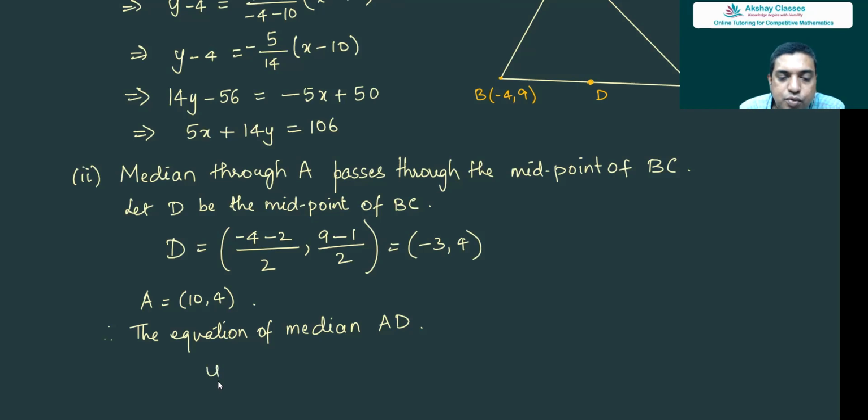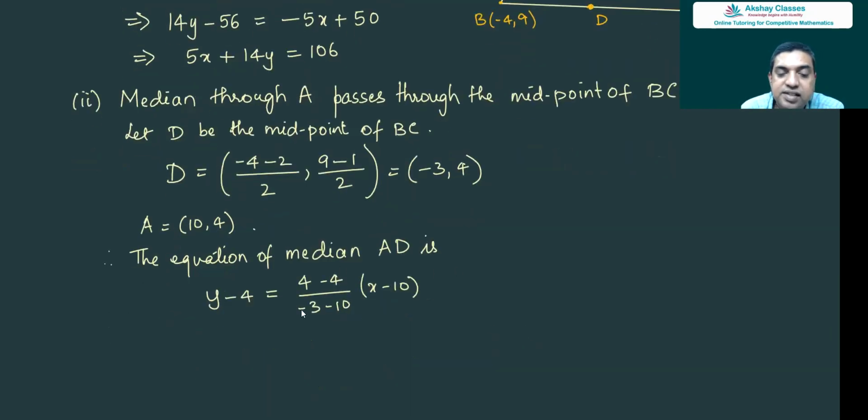But still, if you want to use the 2-point form, (y minus y1) by (y2 minus y1) equals (x minus x1) by (x2 minus x1), we get the right hand side as 0. So we get y minus 4 equal to 0. So this is the median passing through A. Right.